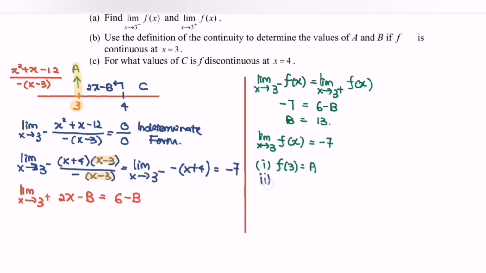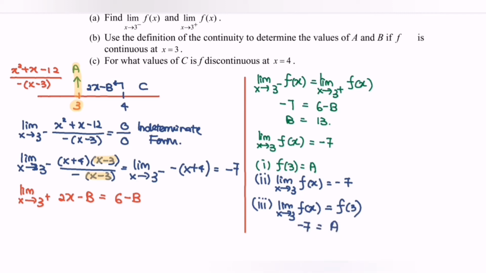Condition 2, the limit when x approaches 3 of f(x) is equal to negative 7. Condition 3, for f to be continuous, the limit when x approaches 3 of f(x) must equal f(3). By using this definition, negative 7 is equal to a. So for b, the answer is 13, and for a, the answer is negative 7.